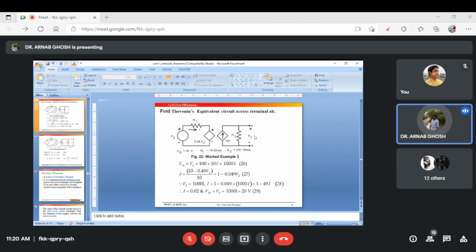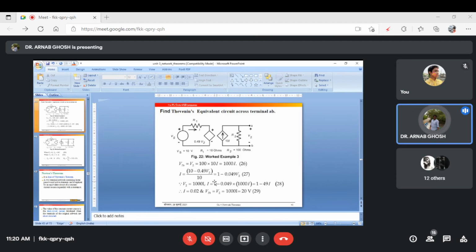So what will be your VTH? Your VTH, that is V2, will be 100 multiplied by 10 into I. Just simply this 100 multiplied by this current. The voltage across this terminal will be the voltage of V2 across this AB. So this is equal to 1000 I. What is I? I is Vs minus 0.49 V2 by R1. So Vs is 10, 0.49 V2 by 10.